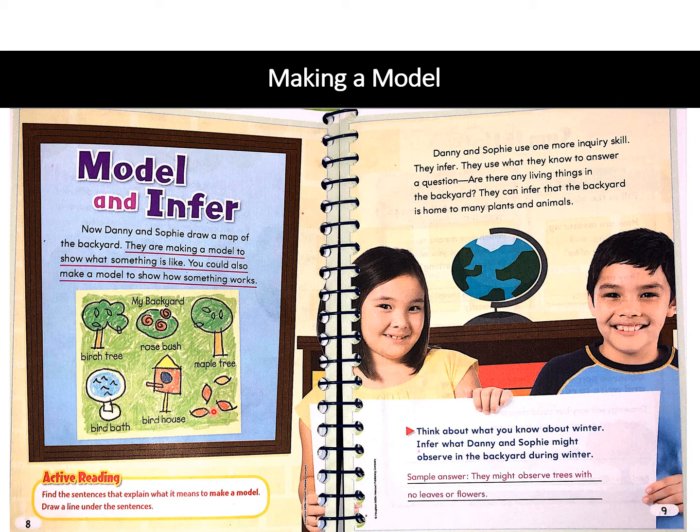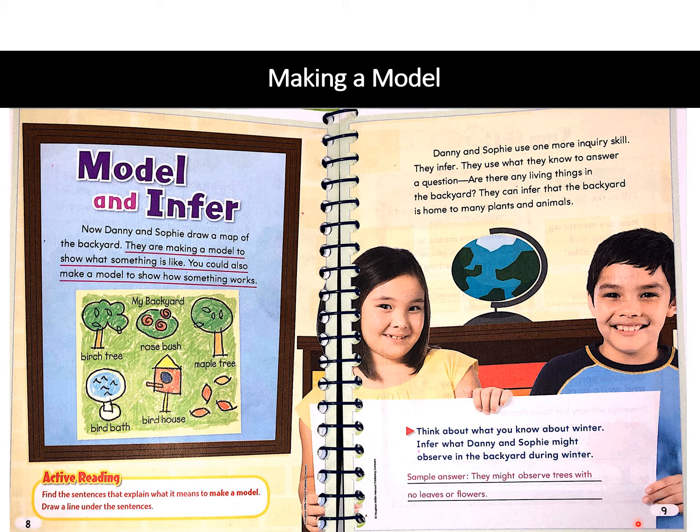We said that a model could teach me how something works. It could also teach me about what something looks like. In this case, it's what something looks like because Danny and Sophie made a model of their backyard and it's telling me how it looks. It's telling me all the things that the backyard has.